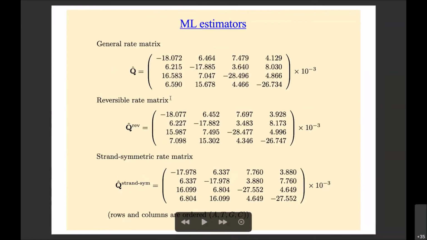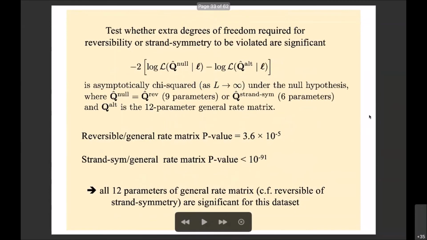So we get different results depending on what form of the rate matrix we use. There's a statistical test you can do to see whether the extra degrees of freedom are significant, and you find that yes, indeed, all 12 parameters of the rate matrix are significant for this data set.